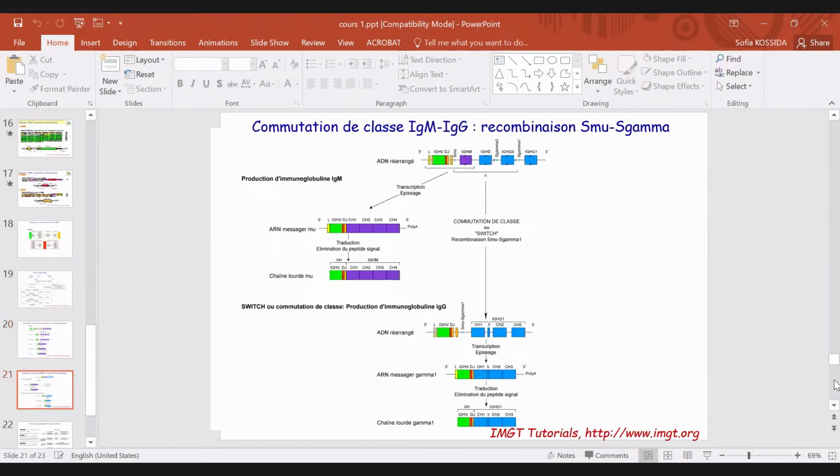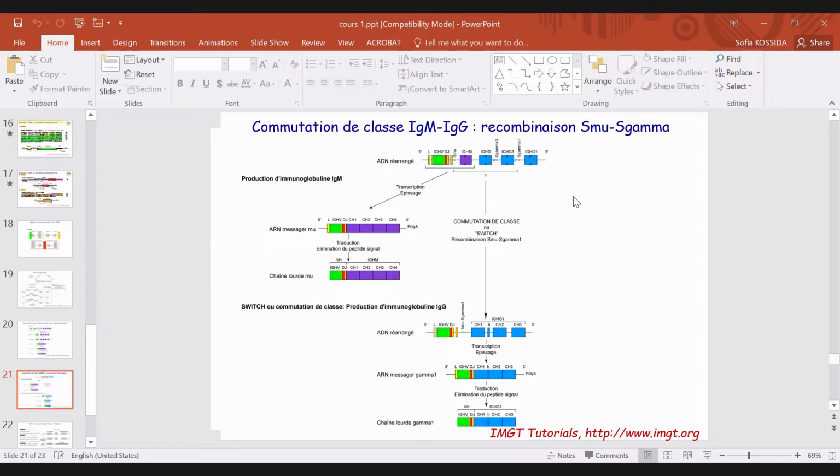This is the basis. Now, I'll introduce another mechanism, which is called switch. You see it here, the name, in capital letters, switch. You know what a switch is in English? Switch is when you turn on and turn off the light. So this is in analogy with a switch. In molecular biology, you can switch from one isotype to another isotype.